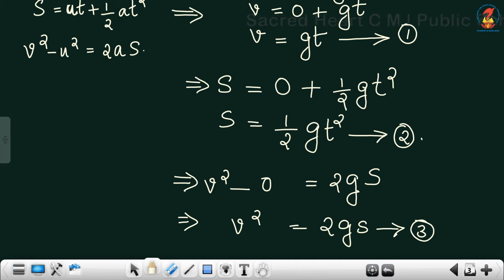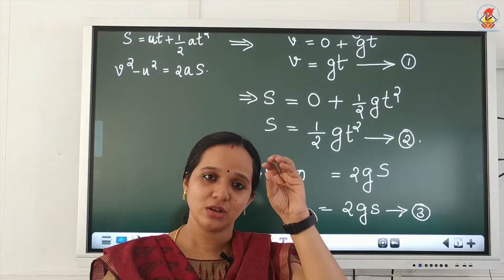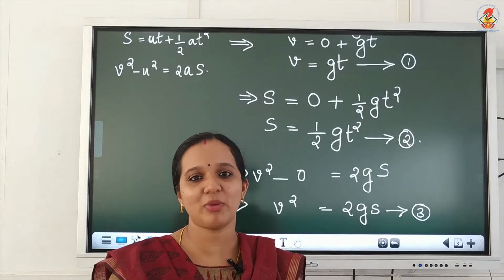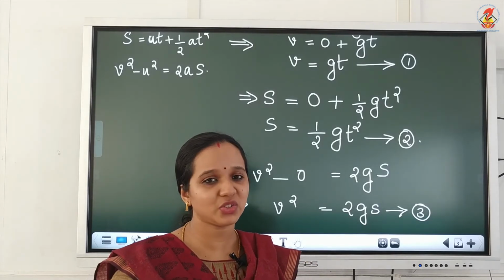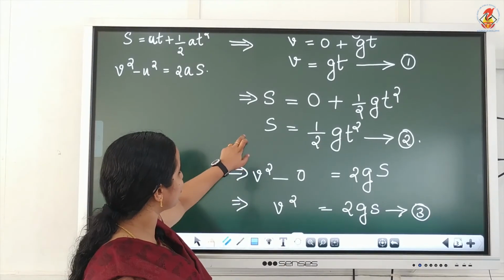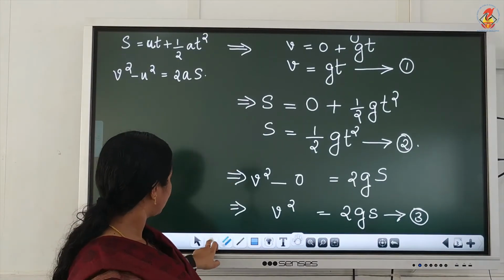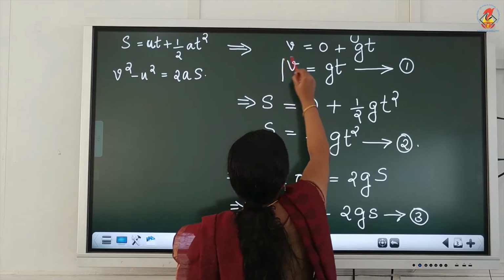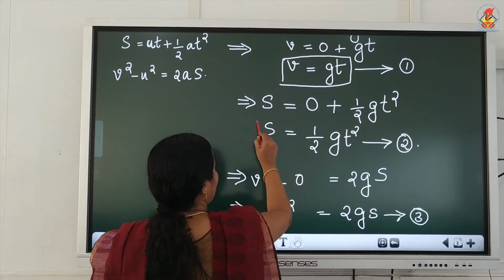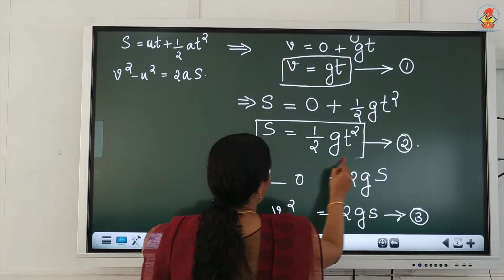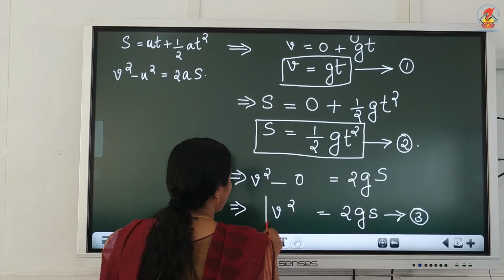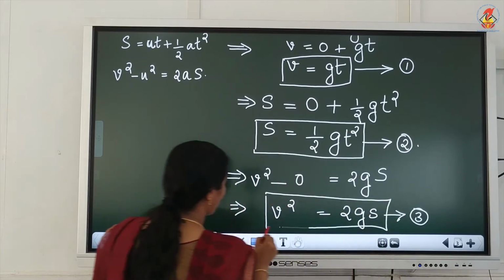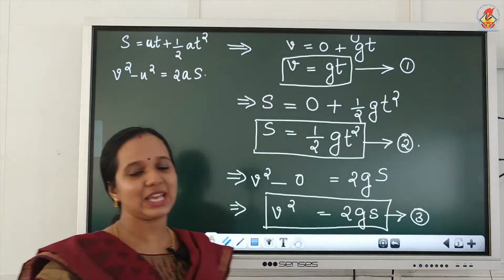So, if the object is being dropped from a height, for example, a fruit being dropped from a tree, in such a situation the equations of motion are v = gt, s = ½gt² and v² = 2gs.